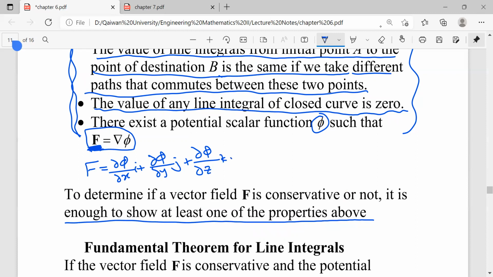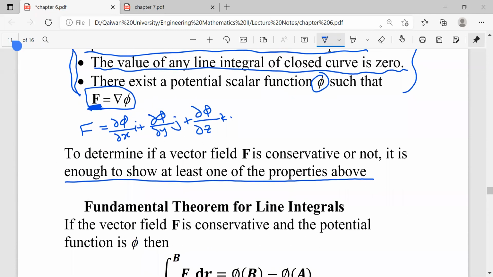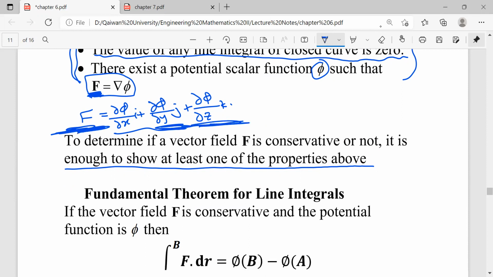This is F. And here we have a given F, which is P of x, y, z i plus Q of x, y, z j plus R of x, y, z k. We equate each component. I mean the component of i here, we equate to the first component in F, and the second component to the second component, the third component to the third component. Then we can find the potential function.